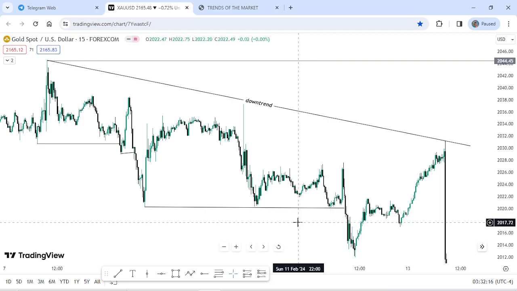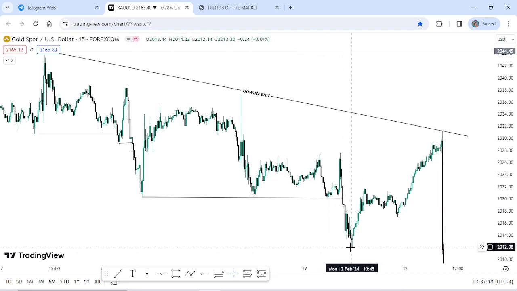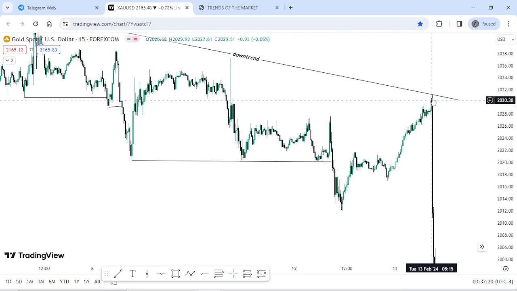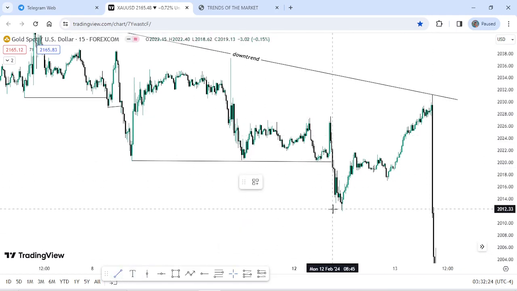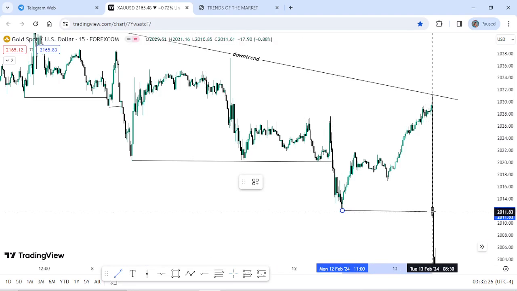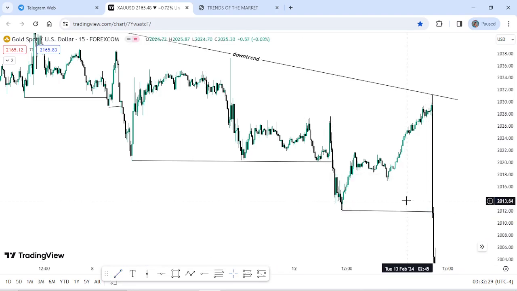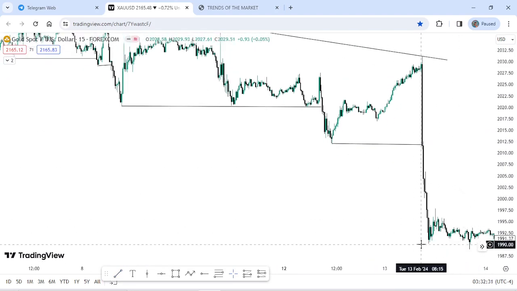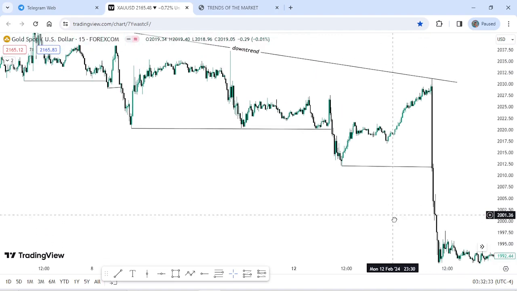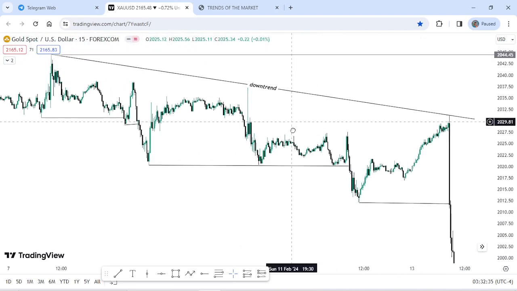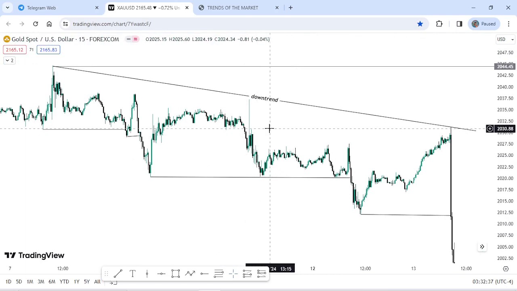But the next obvious low that we got to see was this one, and as you can see, price immediately dropped all the way down here to break even this low again. So this is our new lower low and it formed a new low right here. So the price is in a downtrend and it continued to move lower.